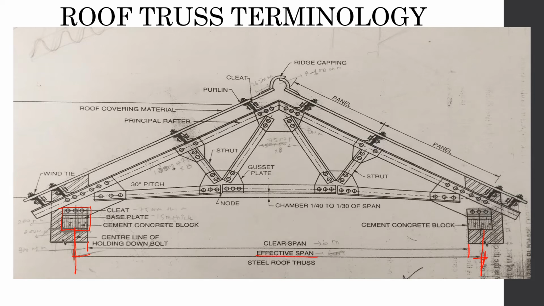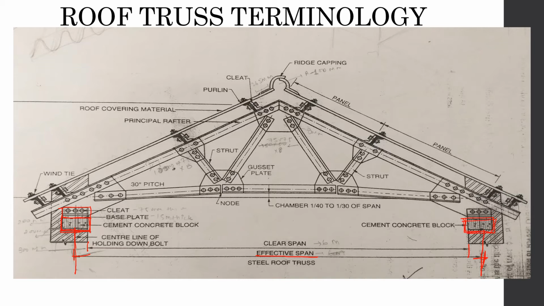Please don't forget this. Now the thing which you see here is the cement block, which has been placed to provide a better support for the truss. So it's provided on both the sides, as the truss is resting on both the walls.